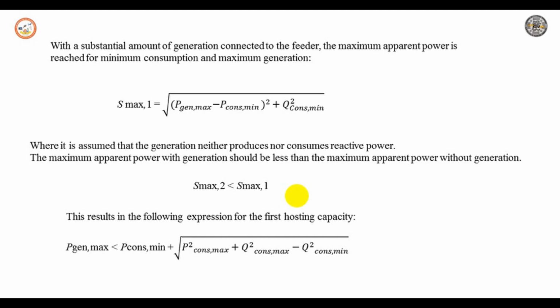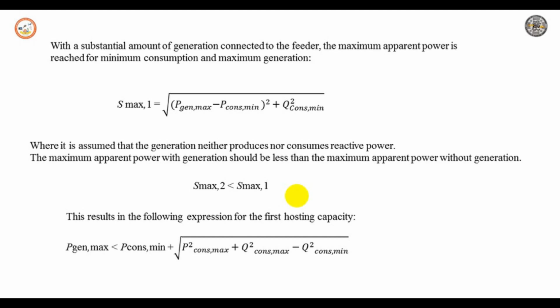The maximum apparent power reached for minimum consumption and maximum generation is depicted by the following equation.